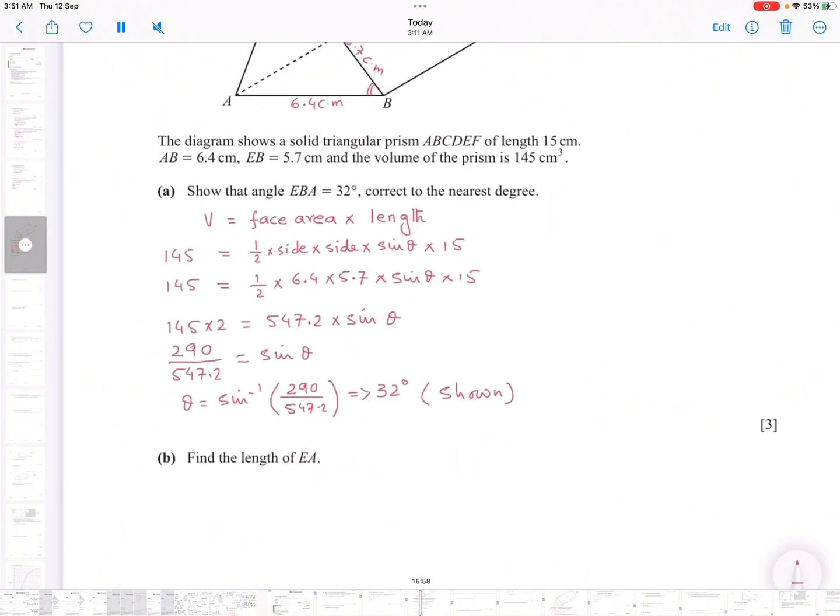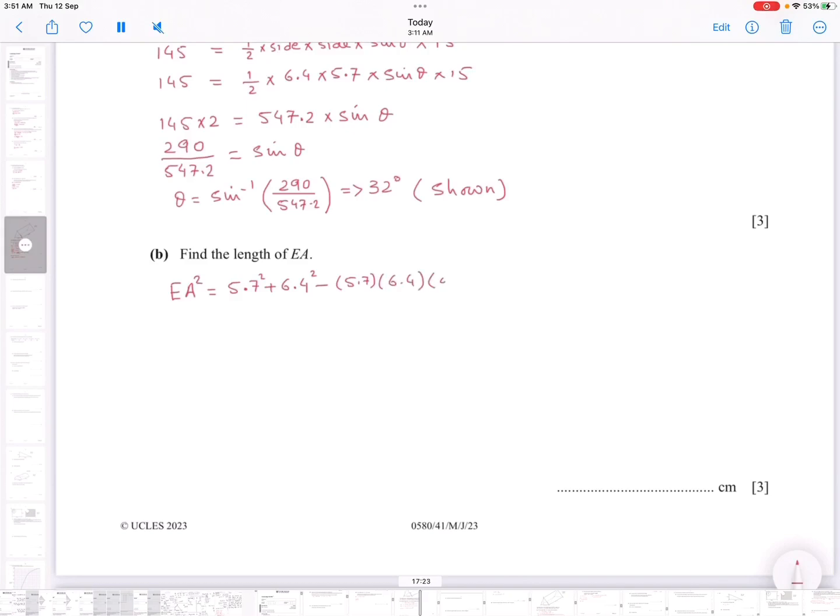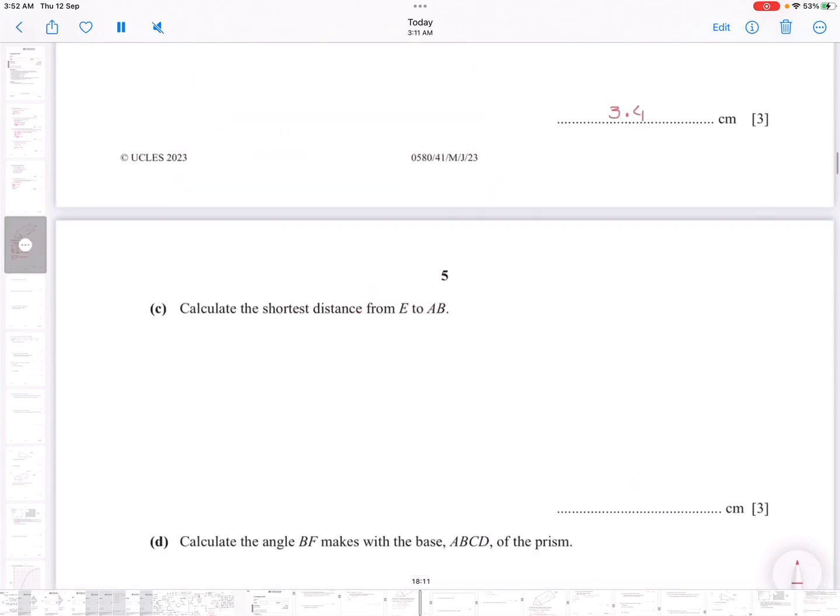So cosine rule says EA square equals 5.7 square plus 6.4 square minus 2 into, sorry kids, I forgot to write 2. So you can write 2 before 5.7 and 6.4, cos of 32 degrees. So EA would be, solve this.